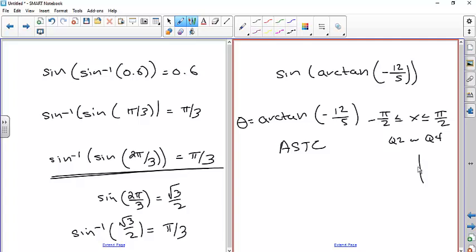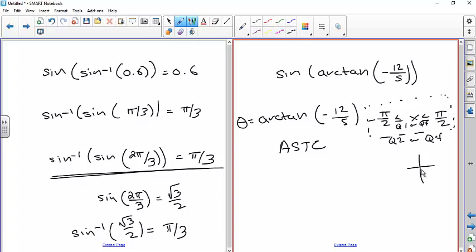But from the negative sign, it tells me that it has to be in the second or fourth quadrant. But the arctangent requires that it is in the fourth quadrant or the first quadrant. So this is saying Q1 or Q4. So it's in the fourth quadrant, because they're both requirements.